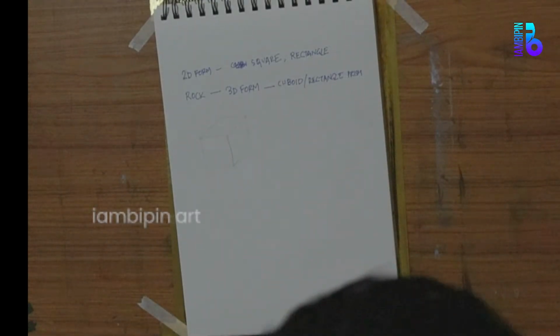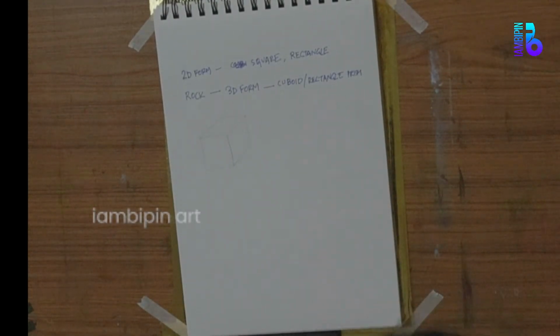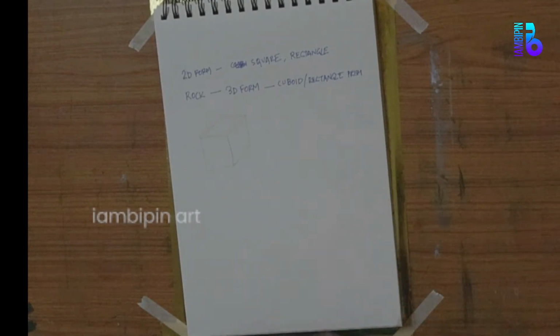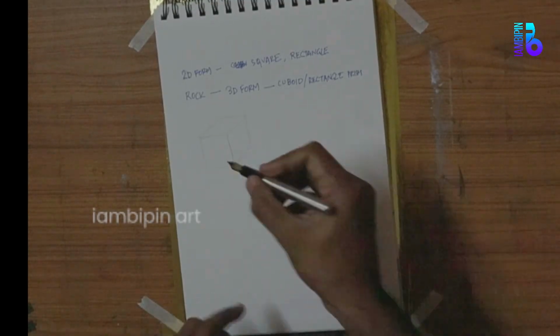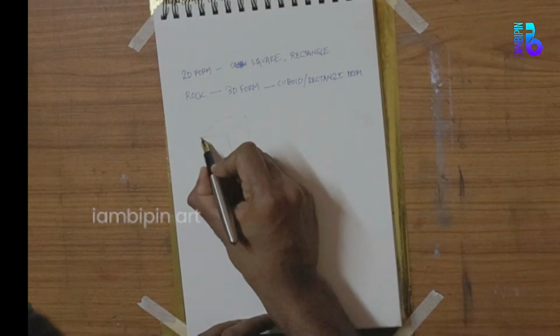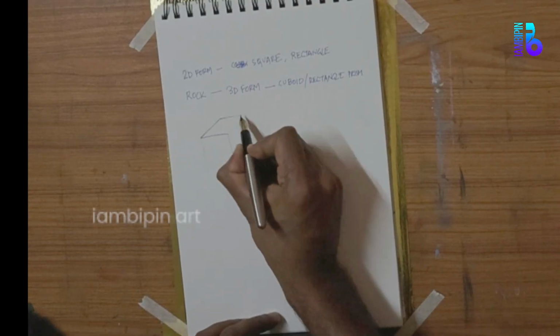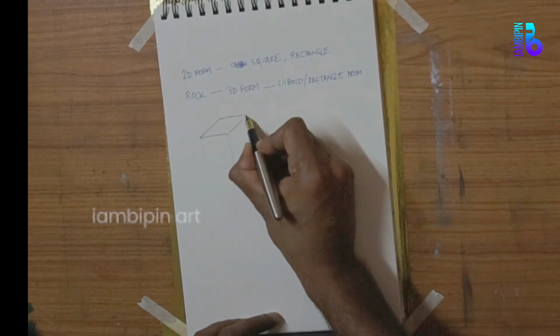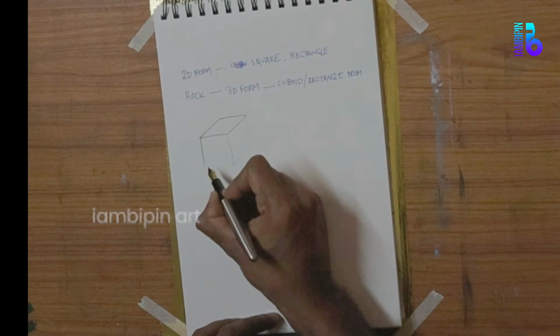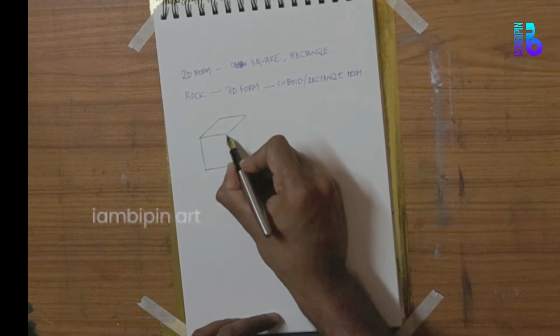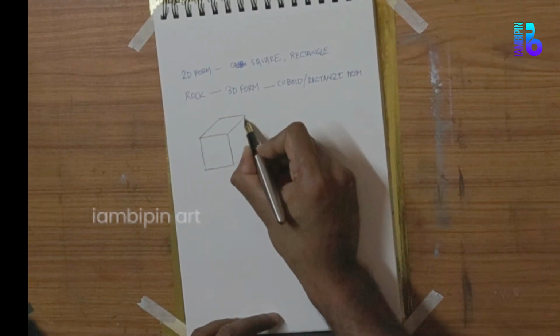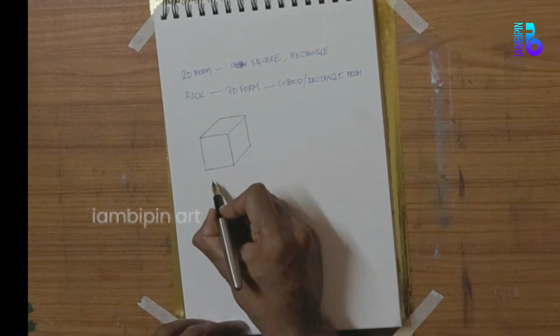So I would rather use my fountain pen. This is the 3D form of this square. So this is the cube.